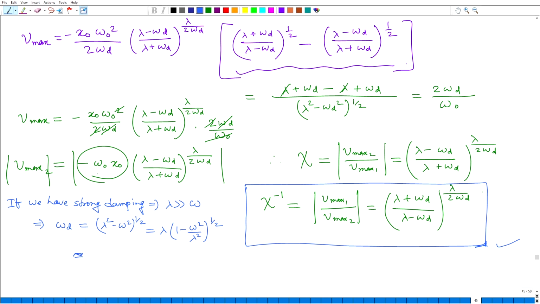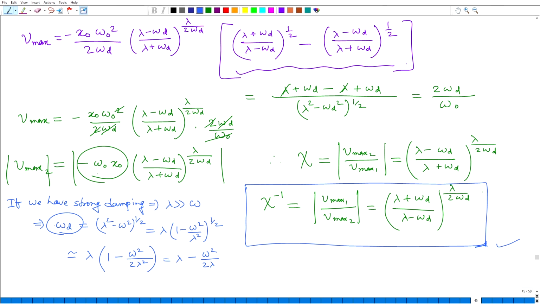So, we can approximately write this by expansion lambda times 1 minus omega square by 2 lambda square, which will be equal to lambda minus omega square by 2 lambda. Okay. So, that is something we have to understand over here, and this is the case for strong damping.